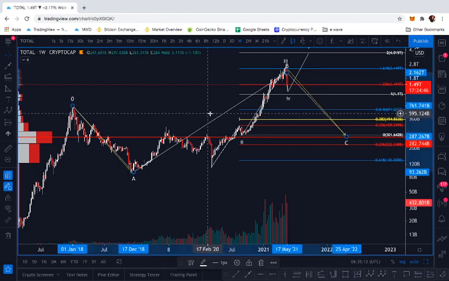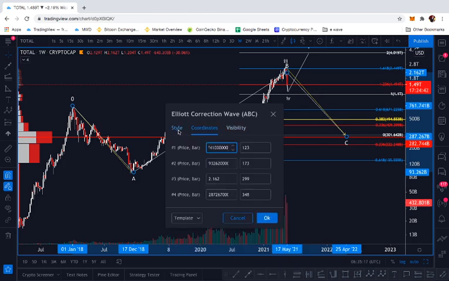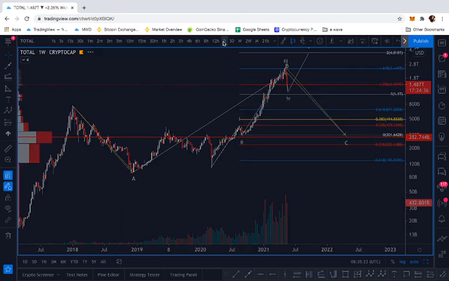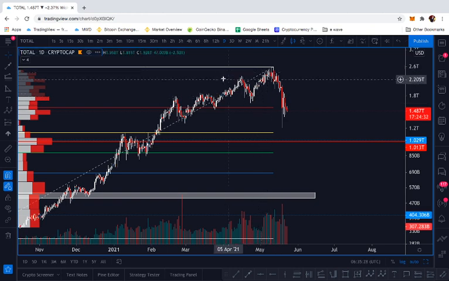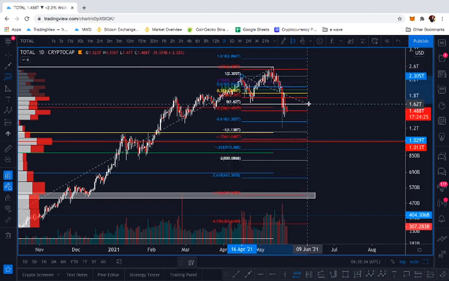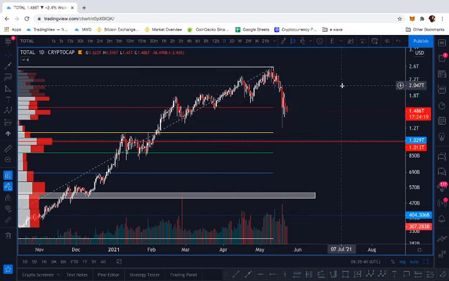I want to show you guys a little bit more on this count, because if you saw my last video on the total, it was pretty spot on. What happened was that we came up for another high. I forgot which it was here. I think it was like that, and I called it 236, and then a down move.